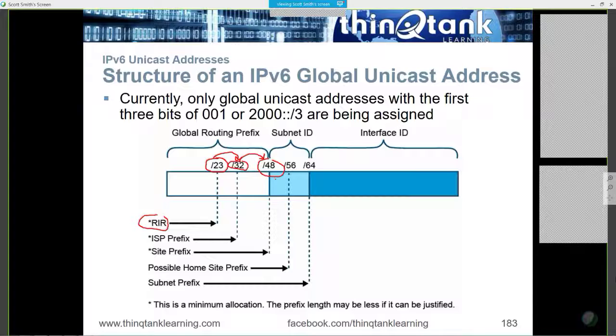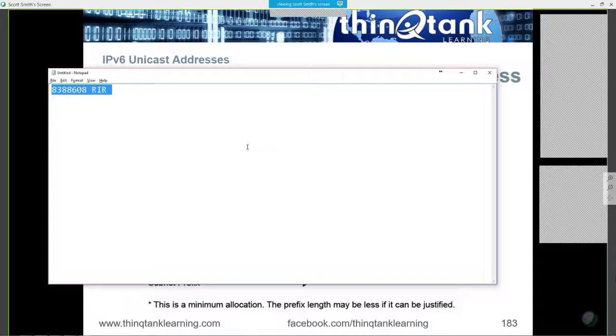All right. We're going to forget about the /56. We're going to focus on the /64. Because here's how it works. Remember I was saying that an IPv6 address is 128 bits in length, but for the most part, you only have to worry about the subnet and the host. From /48 to /64, that is your subnet.